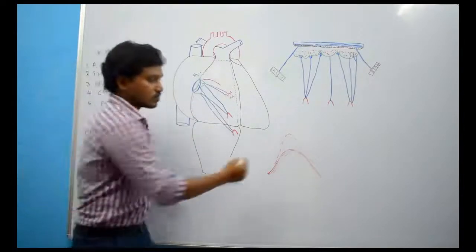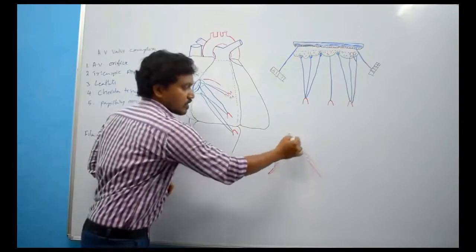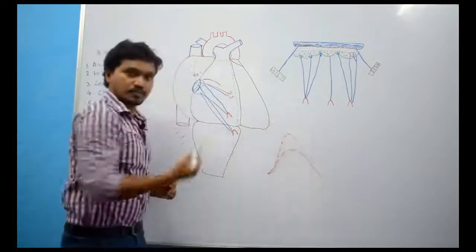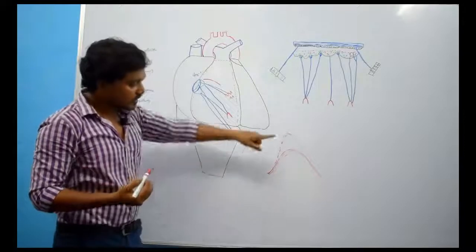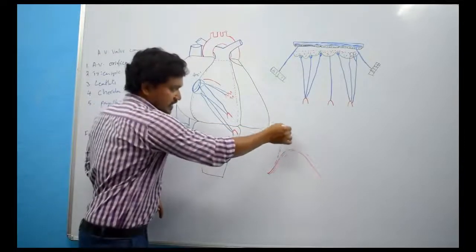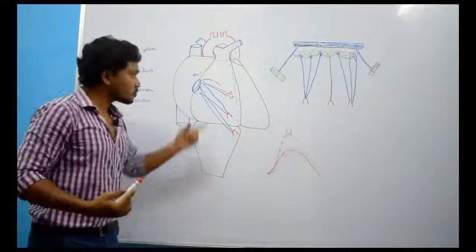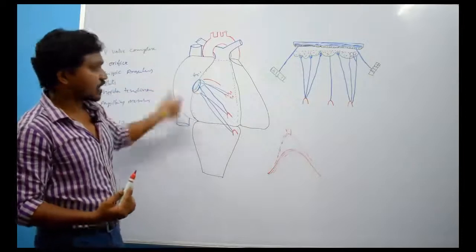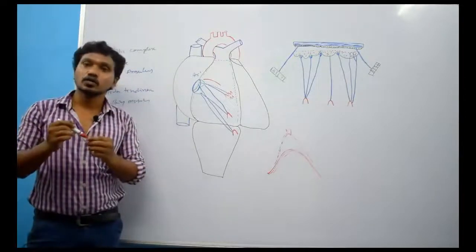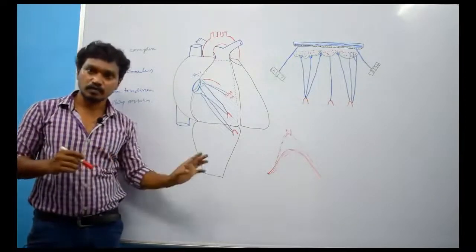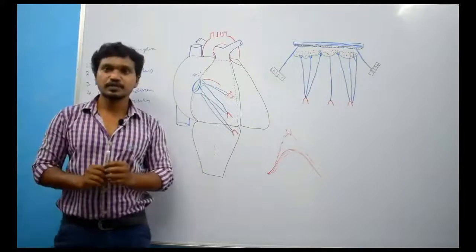So this apical part will push up, so that the chordae tendineae which are connecting here will push the leaflets up, so that the valve will be closed. I hope you understood. Let me repeat it once again.